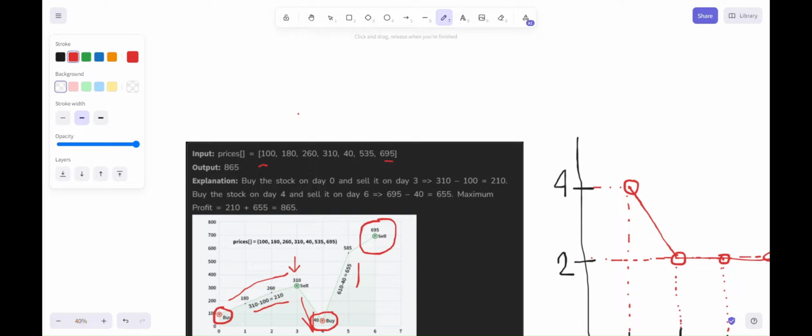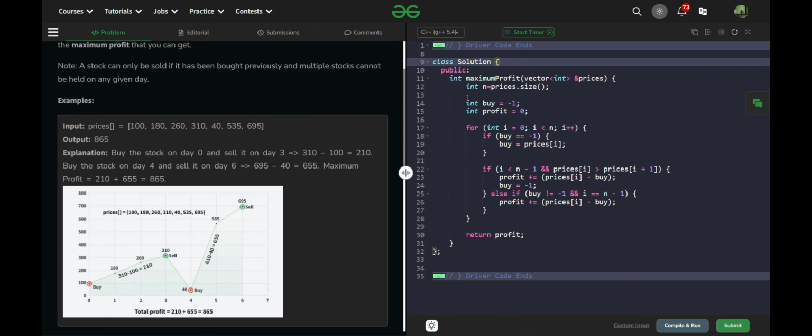So let's see the code. First, this is the size of the price array. Then we initialize buy equals -1 and profit equals 0, and we iterate over the array from 0 to n, 1 by 1. And if buy equals -1, that is we do not have anything bought, then we will buy that item.